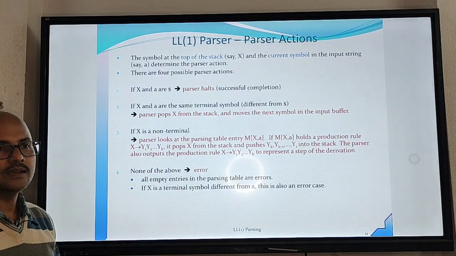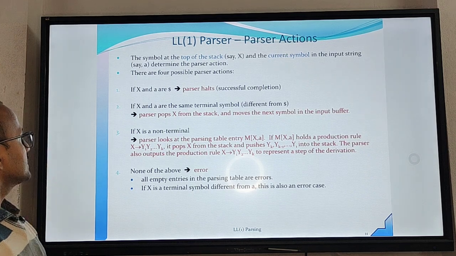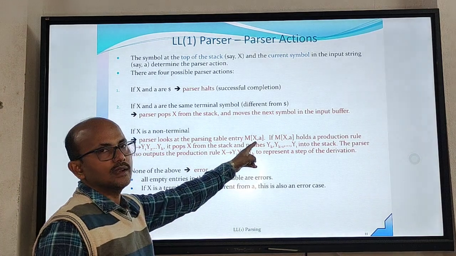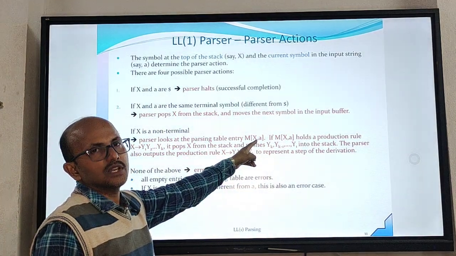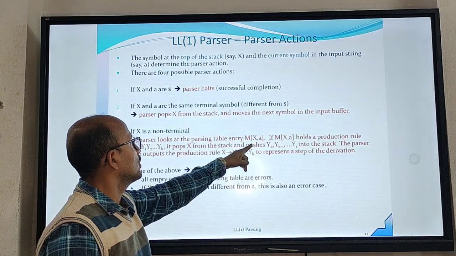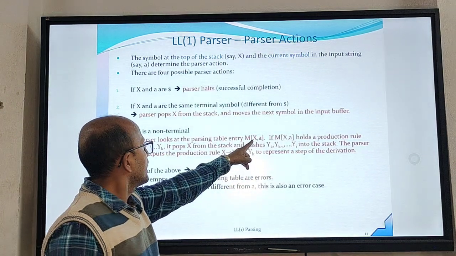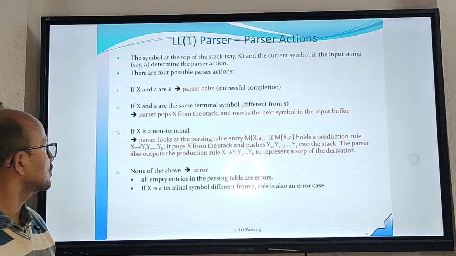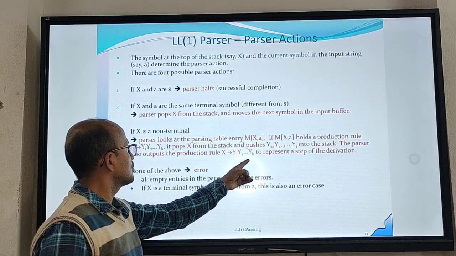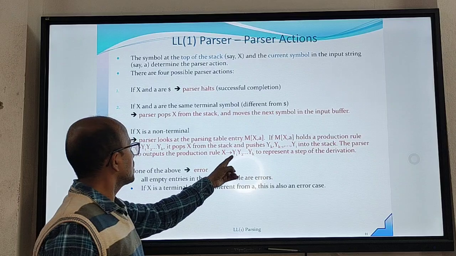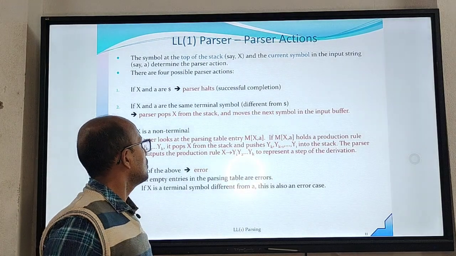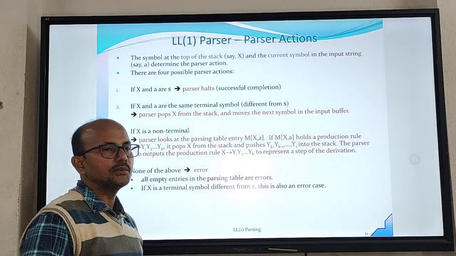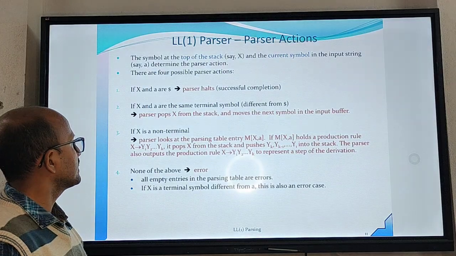The alternate case is that if X is a non-terminal, we have to look at the parsing table. Let X be the non-terminal and a the terminal symbol in your input buffer. Let us look at the cell M[X, a]. That gives the parsing action or the production rule. Let the production rule X produces Y1, Y2 up to Yk be prescribed in the cell of your matrix.